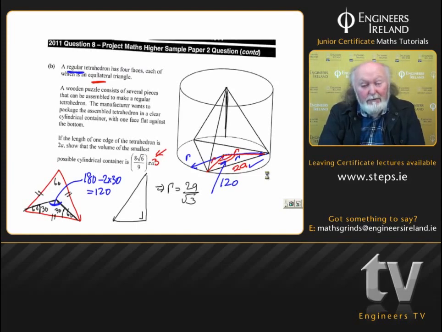Is there a problem in being able to work this out? I don't think there is, because you are doing this work in Junior Cert. In other words, the mathematics of this is very straightforward.